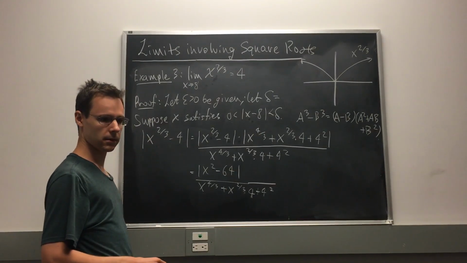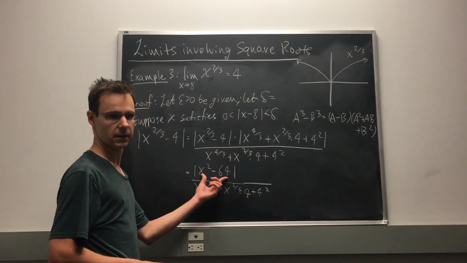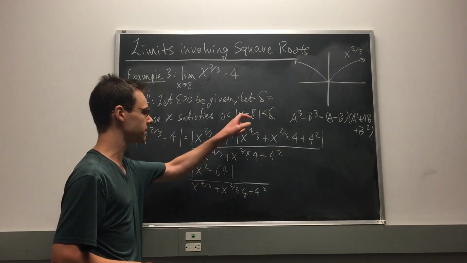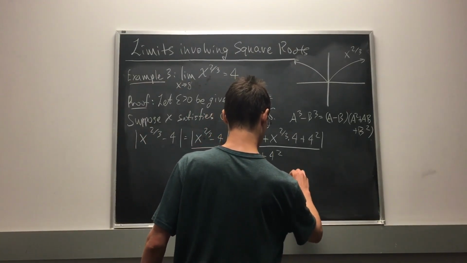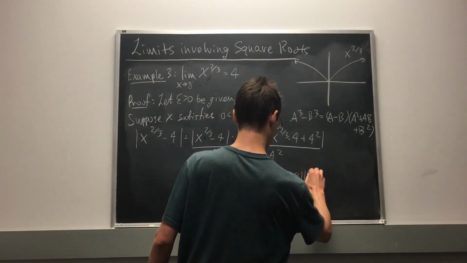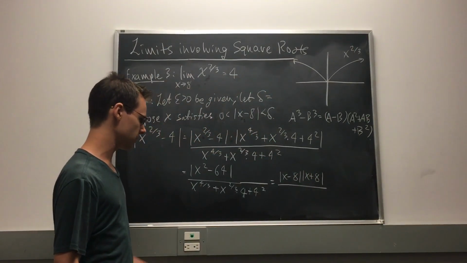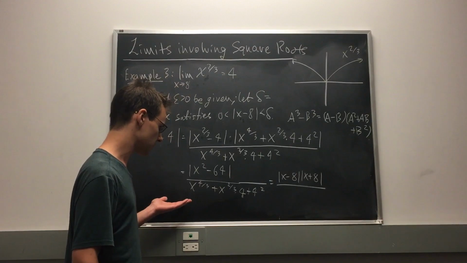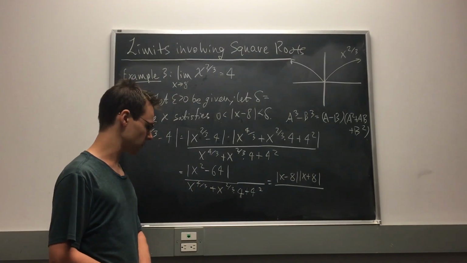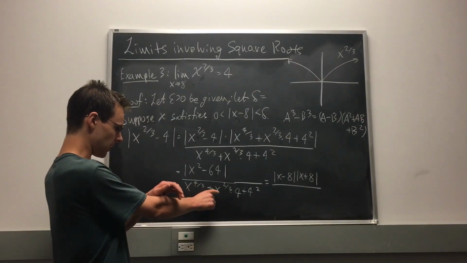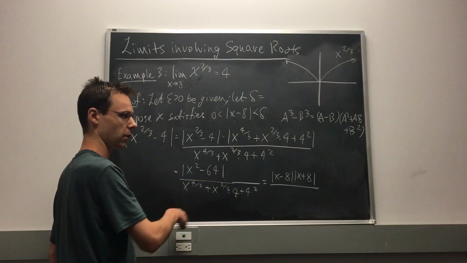And now this is looking good because the top can factor into x minus 8 and x plus 8, and x minus 8 is what we want. So this equals x minus 8, x plus 8, divided by the junk. Now before we continue, because I really don't want to write it out again, what can the junk be replaced with? Well, x to the 2/3 is always positive. x to the 4/3 is also always positive.